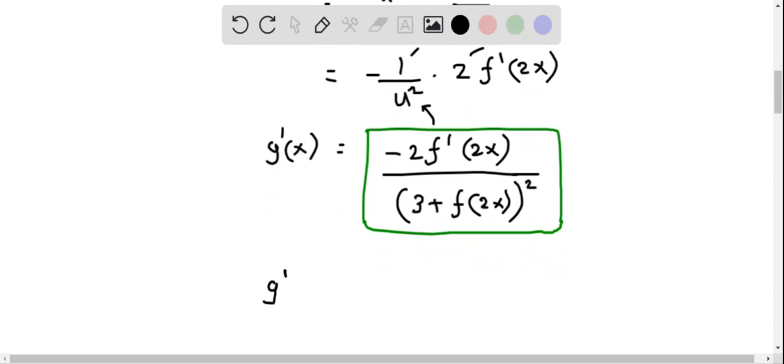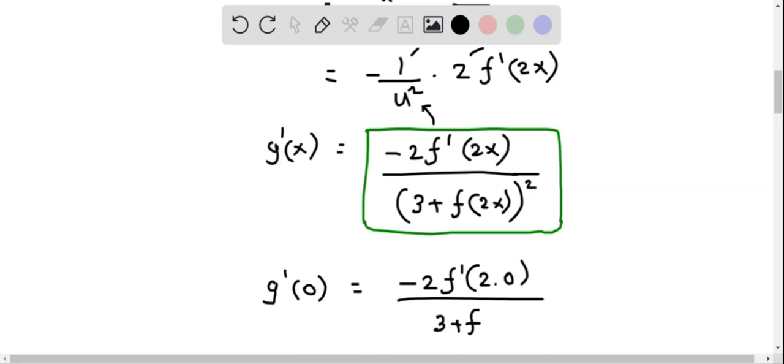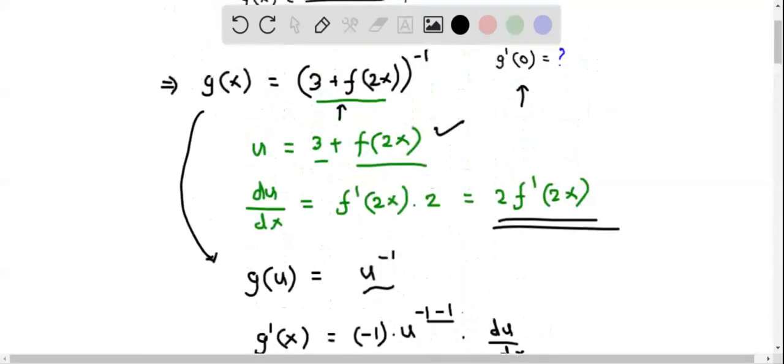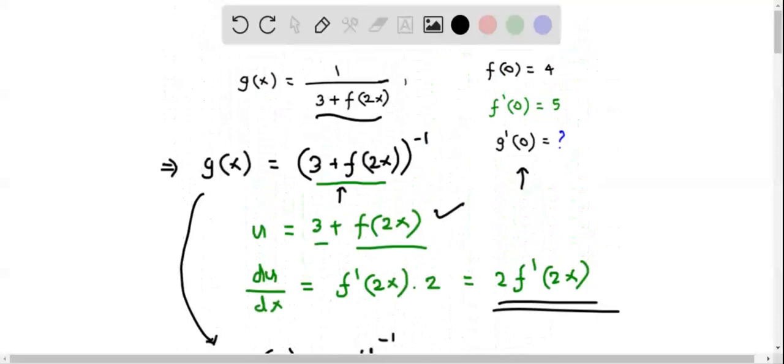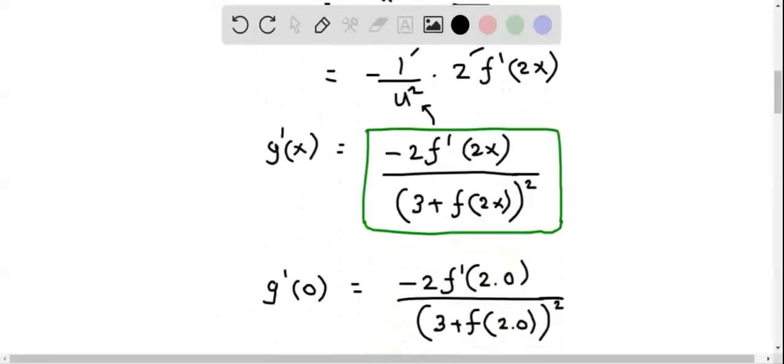So replacing x by 0, we get g prime of 0, and this equals negative 2 times f prime of 2 times 0, divided by 3 plus f of 2 times 0, quantity squared.